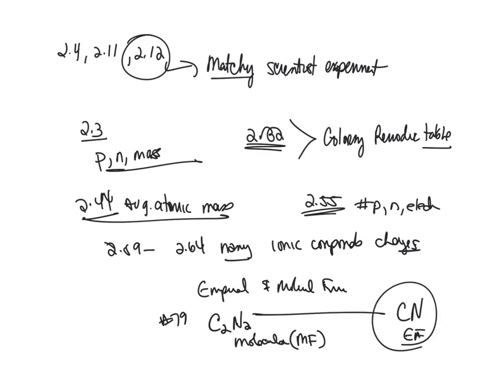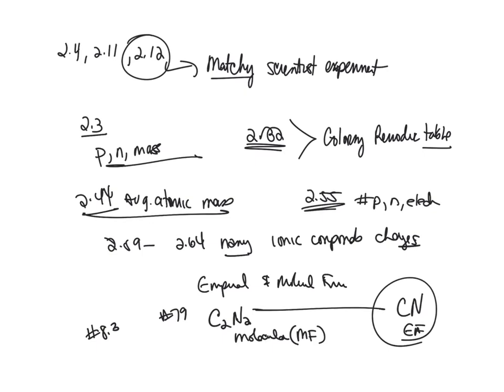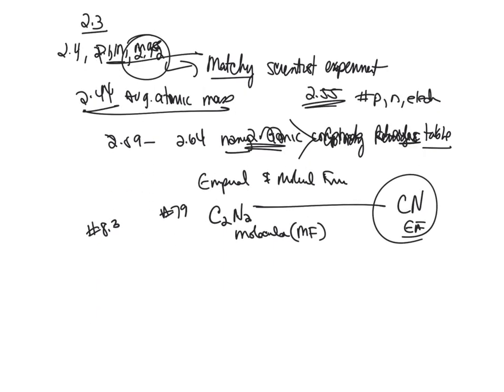Then it asks you to name the binary compounds in 83. I'll just do one there, NCl3. You name your first one nitrogen, just like it's named, and then the 3 means trichloride. So you should be able to do that.